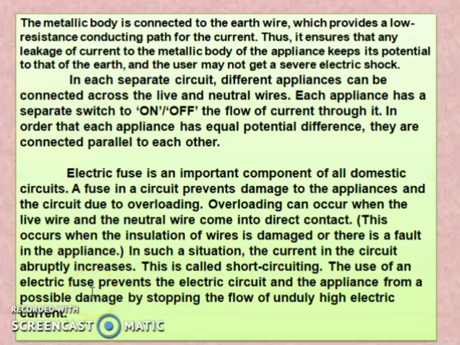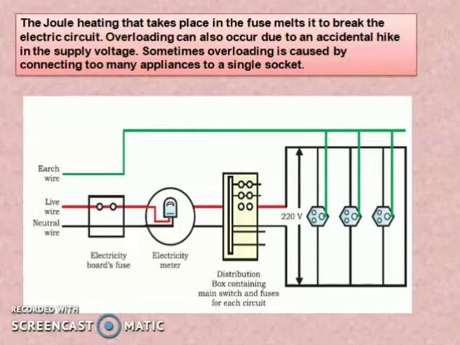The use of an electric fuse prevents the electric circuit and the appliance from possible damage by stopping the flow of an unduly high electric current. Joule's heating takes place in the fuse, melting it to break the electric circuit.